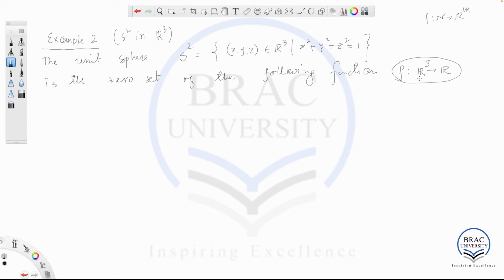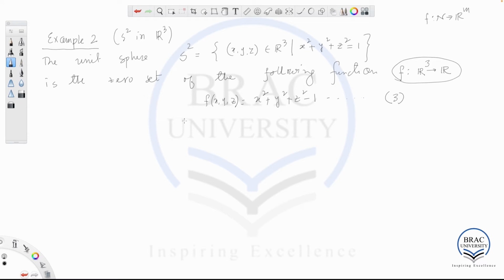We are particularly interested in the zero set of the following function from R3 to R defined by f of x comma y comma z equal to x squared plus y squared plus z squared minus 1. This is equation number 3.